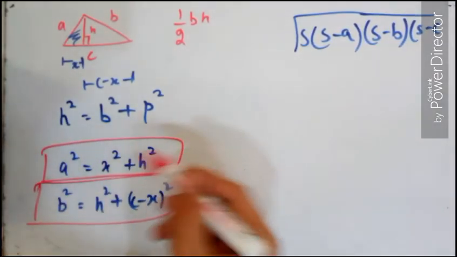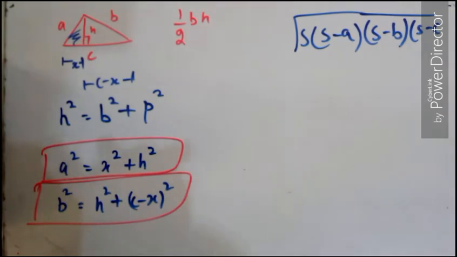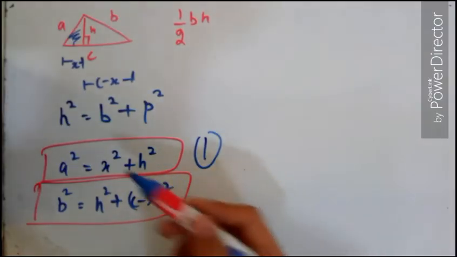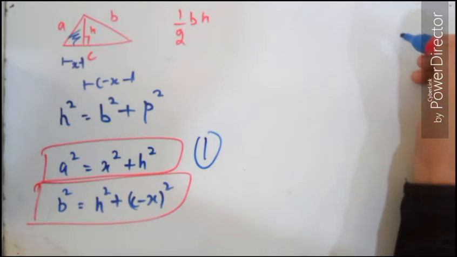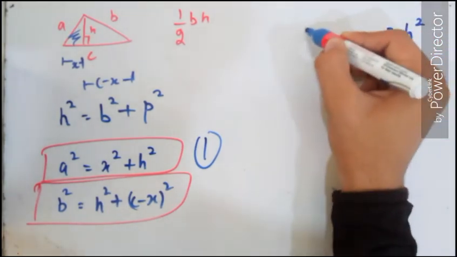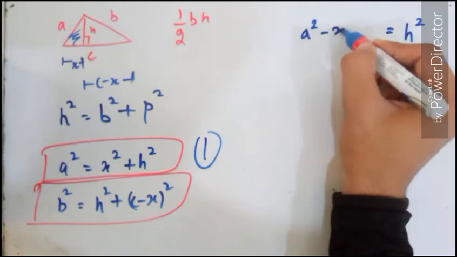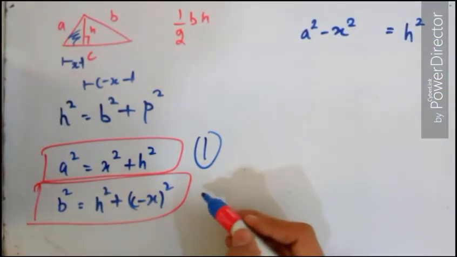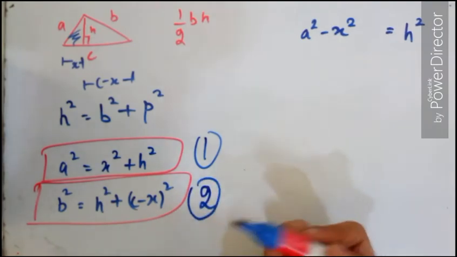Now we need to substitute some values and find the value for h and put that in half into base, and then we would get this formula. From the first equation we have that h squared is equal to a squared minus x squared. Now we shall substitute this value in the second equation.